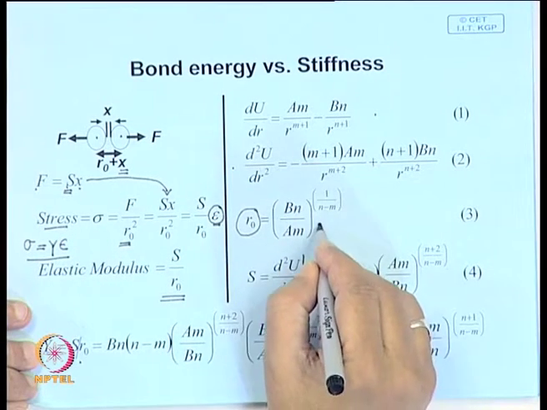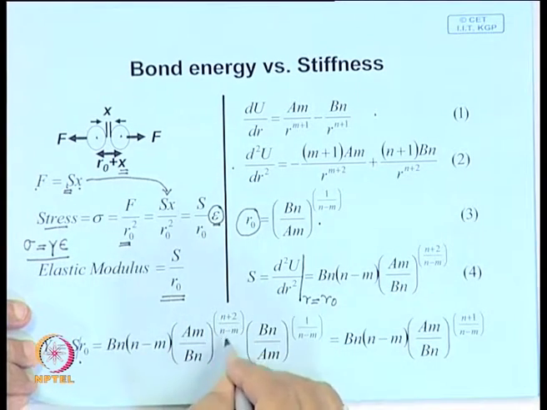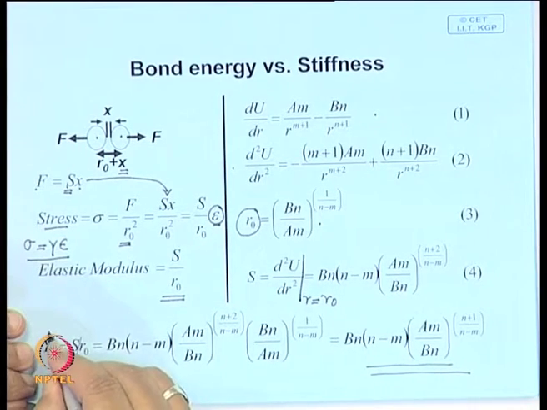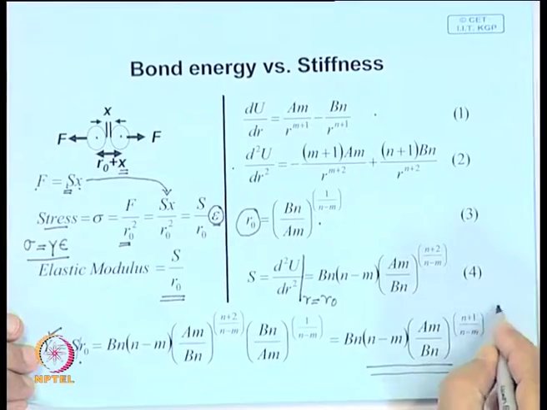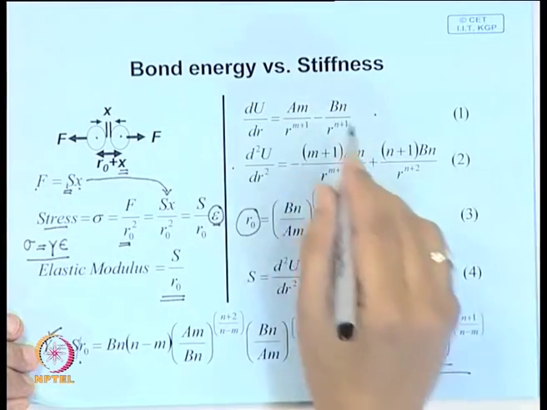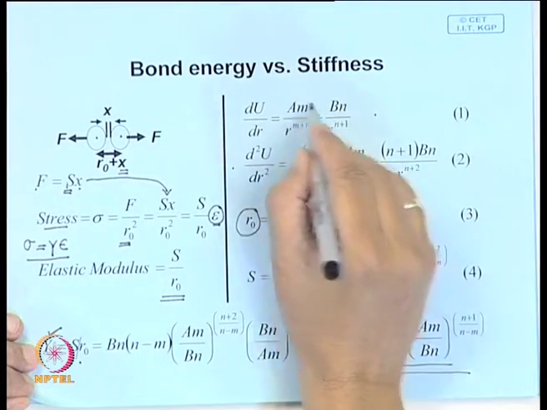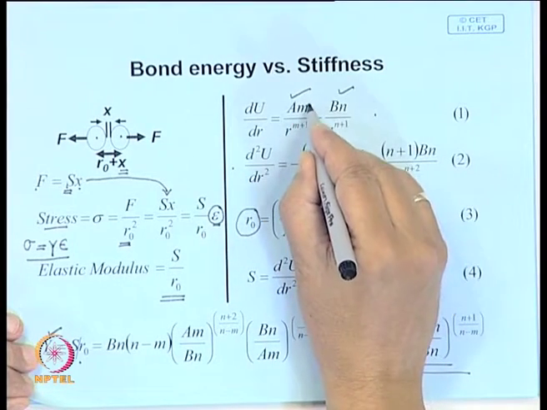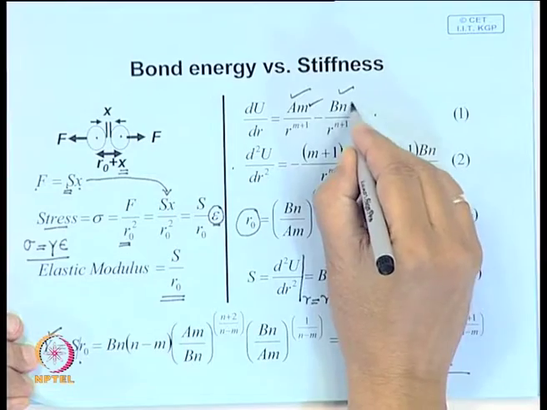So, again you substitute this over here, you get this. So, there is a direct relationship between Young's modulus and the bond energy, or the coefficients which are defined by these constants A, B and the two indices M and N.